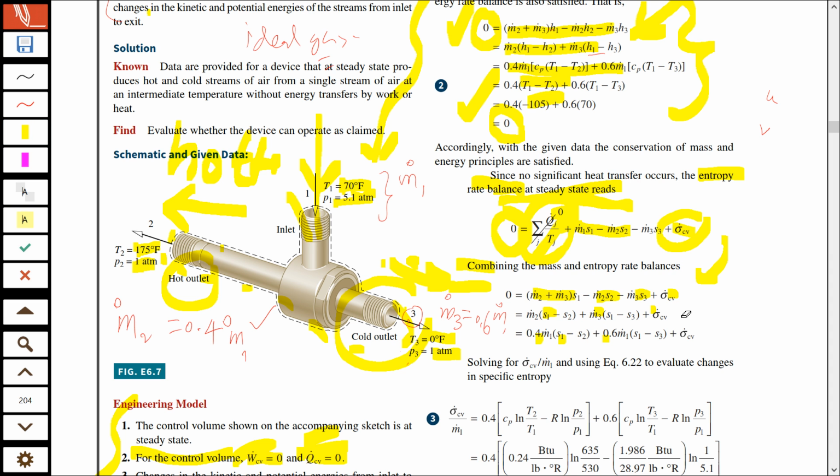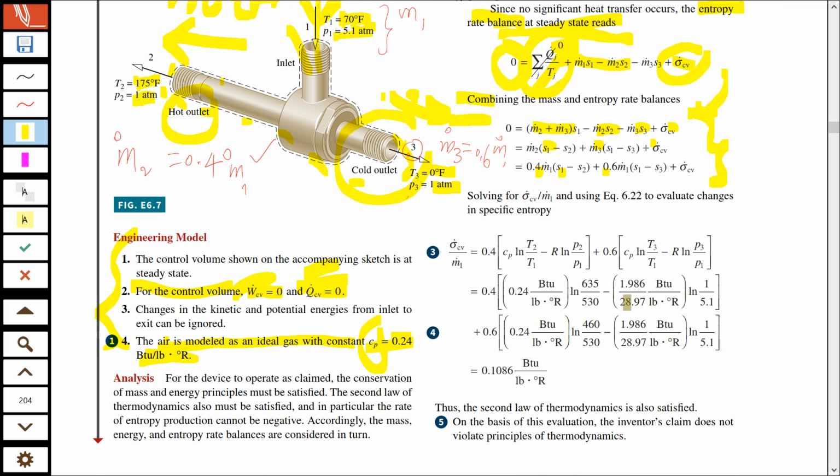Now this is not so simple. You need to use the ideal gas equation to calculate these quantities, S1 minus S2, S1 minus S3. I think in the last lecture, I told you how to calculate the difference of entropy between any two states for an ideal gas. And if you remember, this involved the logarithm of T2 over T1, P2 over P1, between any two states.